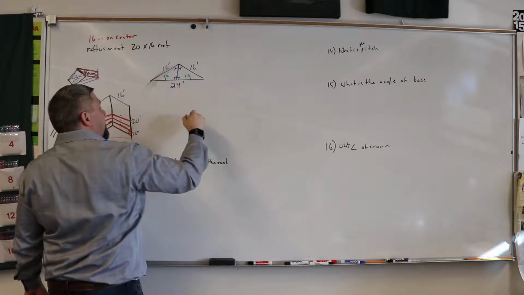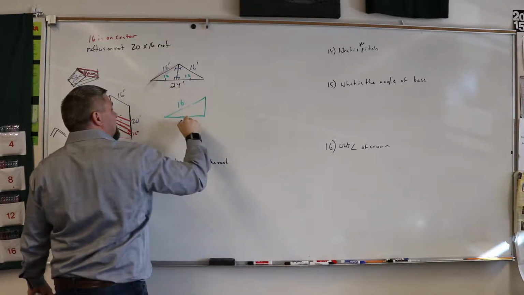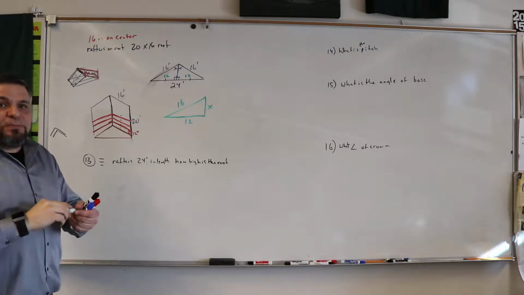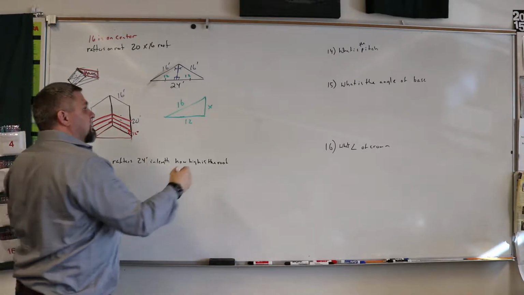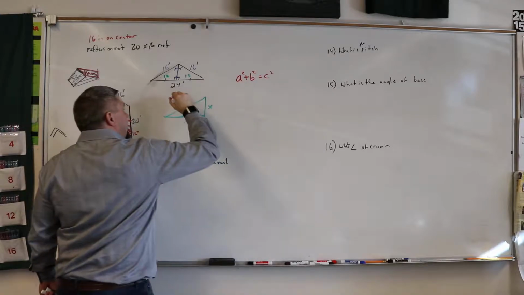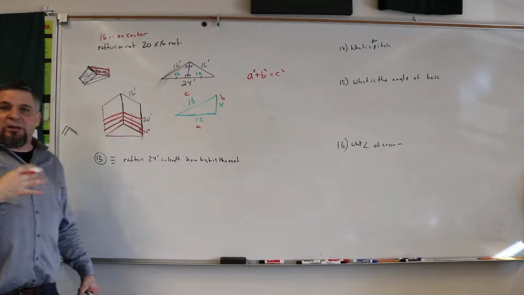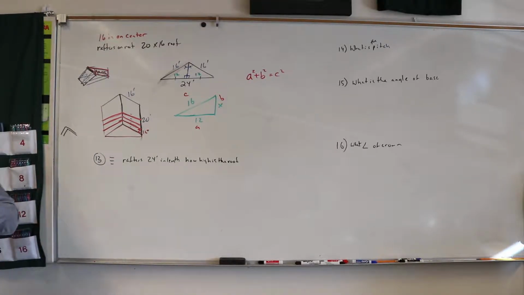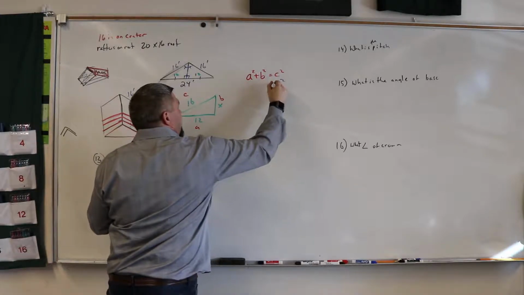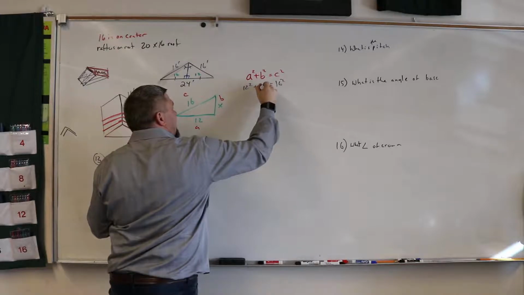Well, that means we have 16, 12, and an unknown, right? And a squared plus b squared equals c squared, right? And this is c, and a and b, or vice versa. So then 16 squared is equal to 12 squared plus x squared.